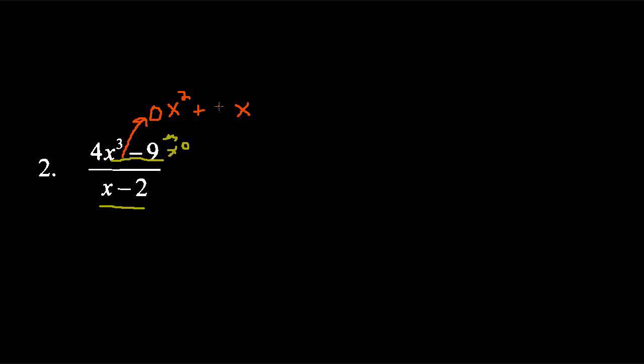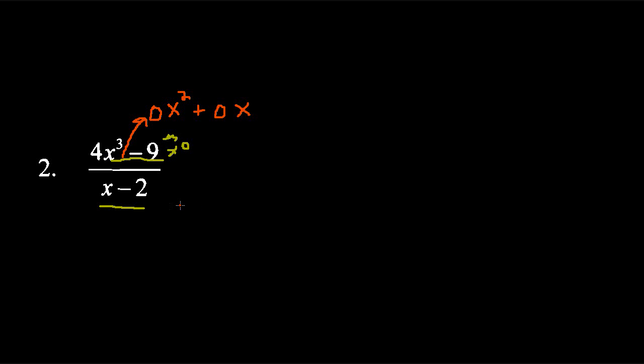Well, 0 again. Okay, so now at least the dividend meets the criteria that we have to have. It's in descending powers, x to the third, x to the second, x, and down to the constant term, which you can barely see in here, the -9. And so that's fine. Now we filled in our missing terms.